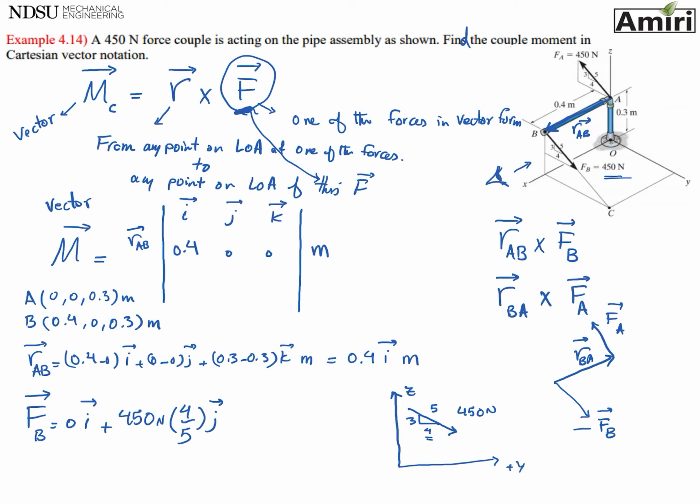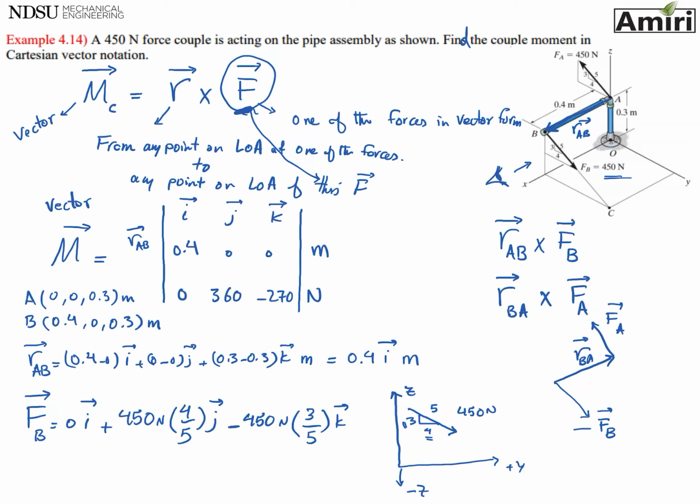The Z component is going to be 450 newtons, and I look for Z, so I go with 3 over 5 K. It's pointing towards negative Z, so I'm going to put negative right there, and that is my force F, which is going to go in the third row of my matrix. So it's going to be 0, 360, minus 270 newtons.